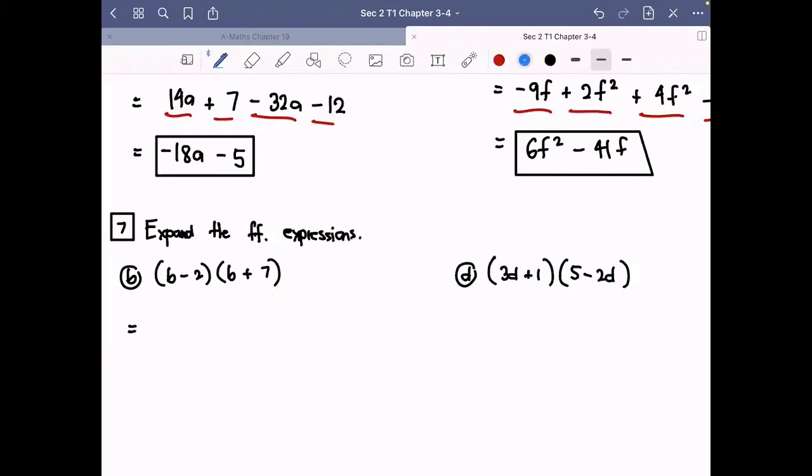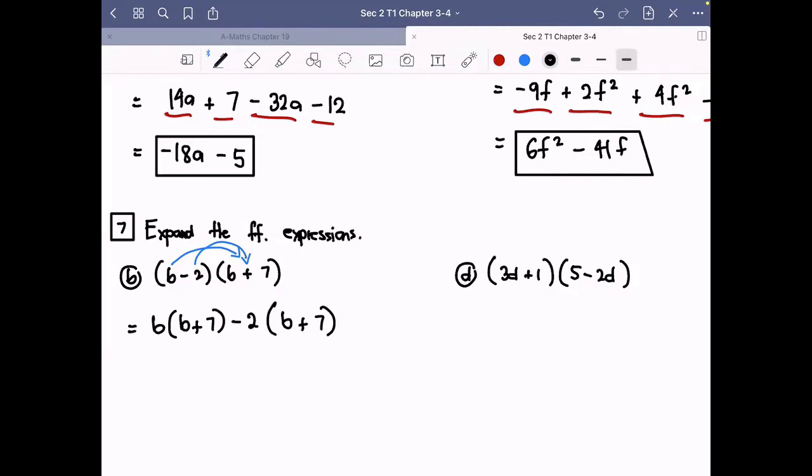It becomes B times B plus 7. Let's write that first. And then we still have minus 2 here, so it becomes minus 2 times B plus 7 again. Since this is minus 2, we're going to write minus 2 here, and then times B plus 7 again.